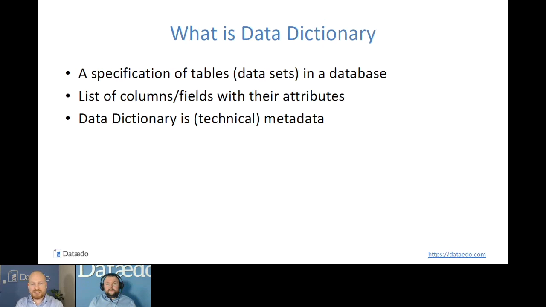And sometimes a data dictionary is also referred to as technical metadata. So data about data, and it's technical because it refers to technical assets and not the business assets, like for instance, a business glossary.